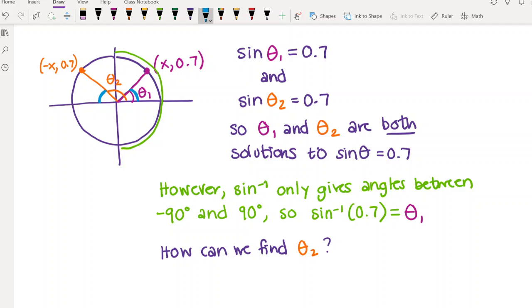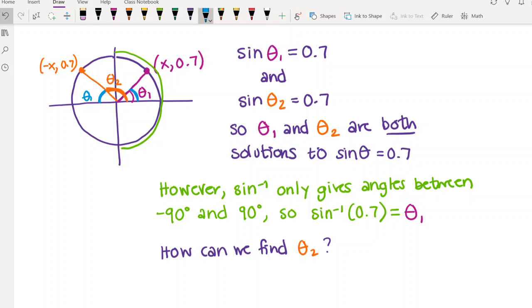And so how can we find the angle theta 2, which is this part? Well, if we do 180 minus theta 1, because this angle here also has the same measurement, whatever theta 1 is, this blue angle over here has that same measurement. So if we do 180 minus that blue part, we'll be left with the orange part.